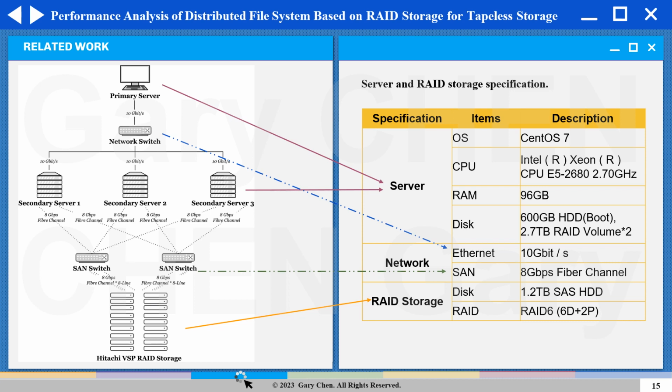The servers are interconnected through a 10G Ethernet switch. The 3 secondary servers are further connected to a RAID storage system via 2 8Gb interfaces using a Fibre Channel SAN switch.